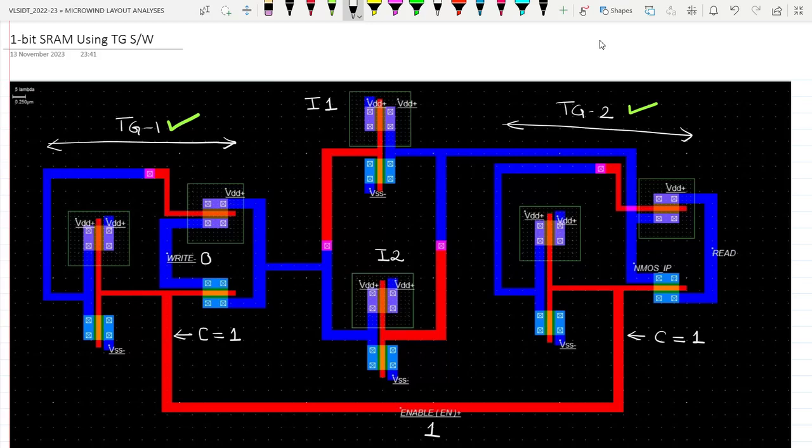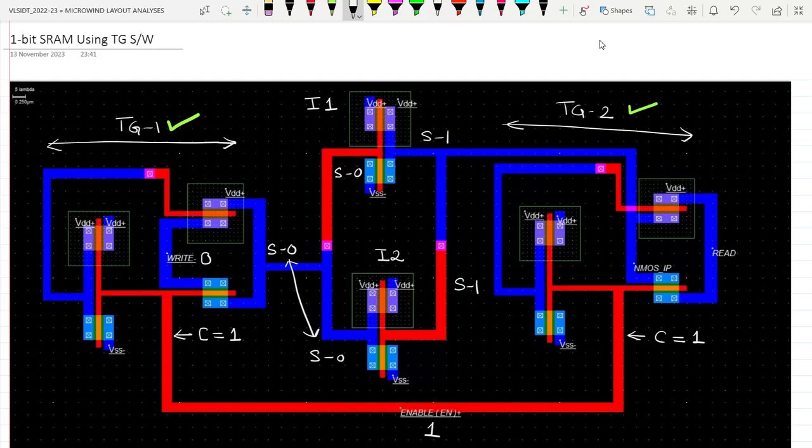So 0 at the input node of TG1 renders a strong 0 here. Strong 0 given to I1 is converted into a strong 1. Strong 1 is given as an input to I2 and I2 converts strong 1 into strong 0 and the system stabilizes.